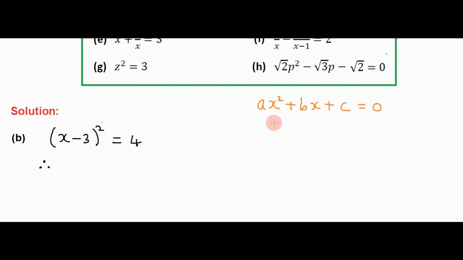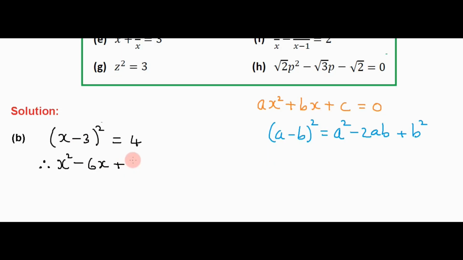Now, just remember that a minus b all squared is a squared minus twice ab plus b squared. So applying this expansion to the left-hand side, it's x squared, then minus, then x times 3 times 2, which is 6x, and then plus 3 squared, which is 9.